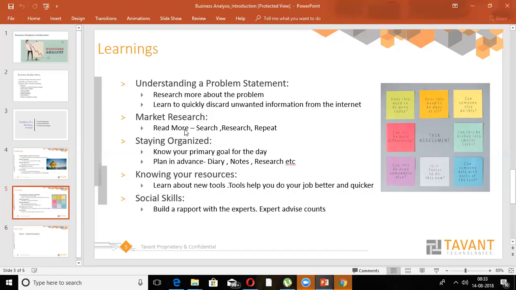Then I could talk to you about something called SOX compliance, the Sarbanes-Oxley law. You need to know what the Sarbanes-Oxley law is and how it applies to IT systems. So these are some basic things. There's a lot of reading up that you need to do. Then you may also want to understand what the competitors are doing in the market. So this is the market research part. Slowly we'll get into that.